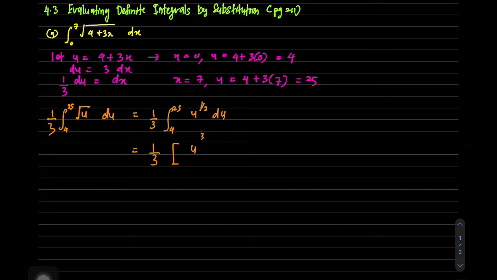Integrate, this one will become u power of 3 over 2 over 3 over 2 with the limit of 4 until 25, and then 1 over 3, 2u power of 3 over 2 over 3 with the limit of 4 until 25.